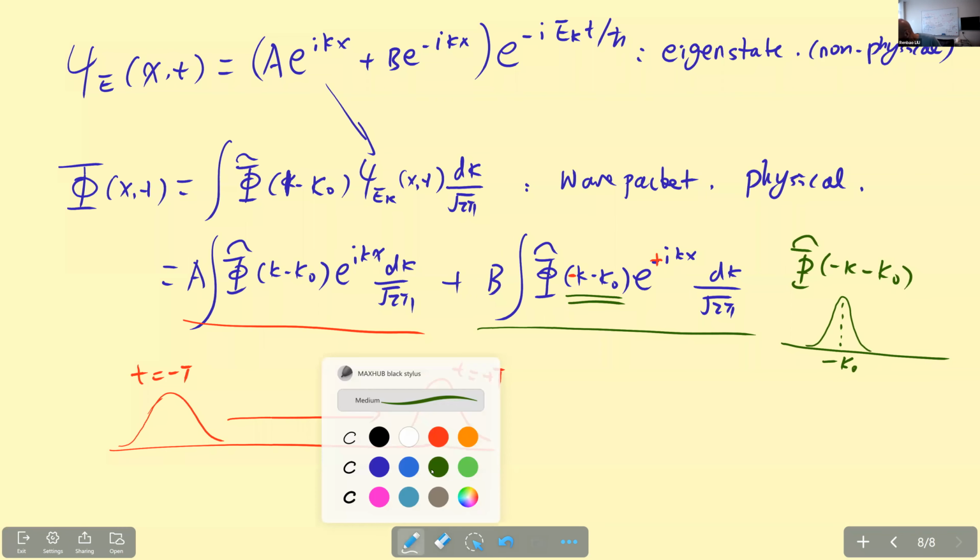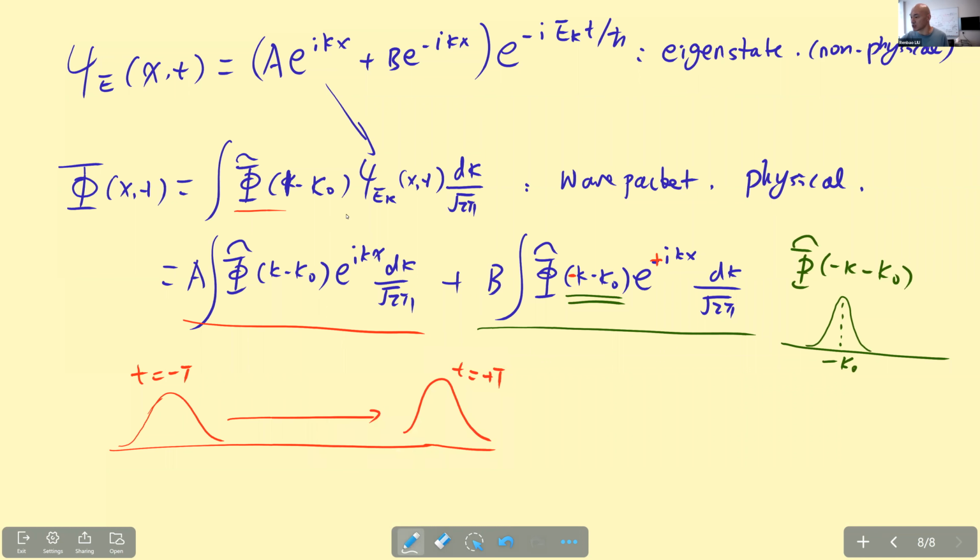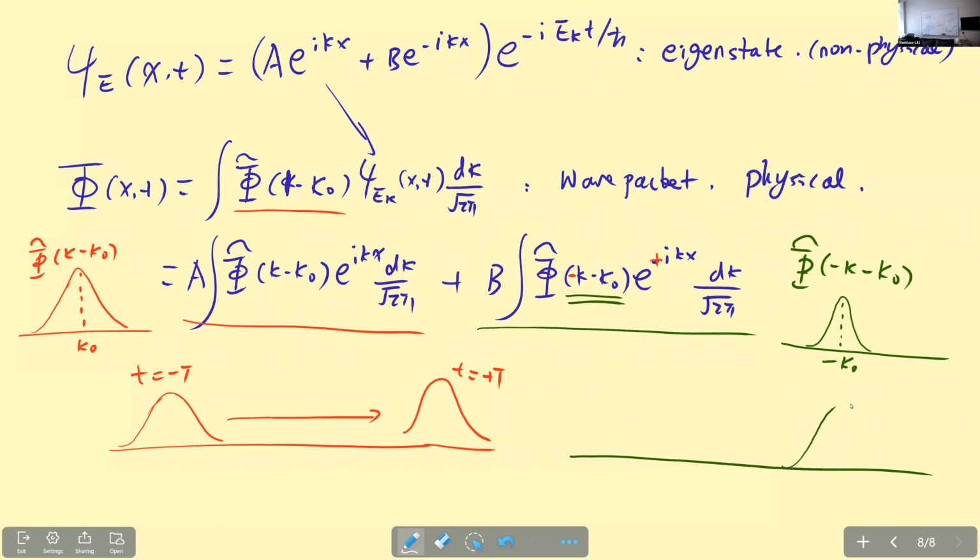And this one, this is psi tilde(k minus k0), where the weight is centered at k0. So that means this is a wave packet propagating from the right to the left. So it's going to propagate symmetrically to this one. Okay, so this is t equal to minus t. This is t equal to plus t.